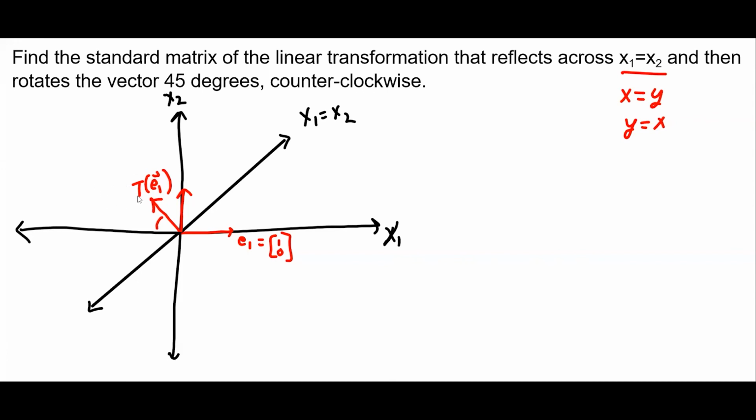In quadrant 2, cosine's negative, sine's positive. So this is going to be negative square root of 2 over 2 and positive square root of 2 over 2. So that's cosine of 45 and sine of 45 degrees. Cosine's negative in quadrant 2, sine's positive. So that's my first column of A.